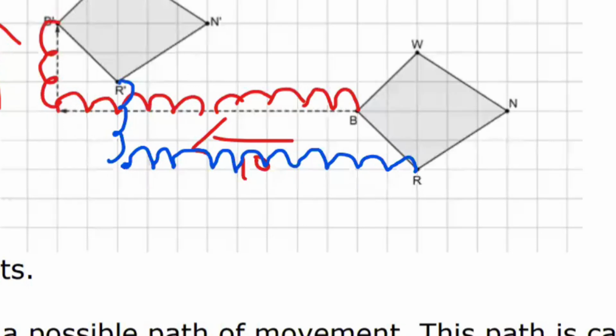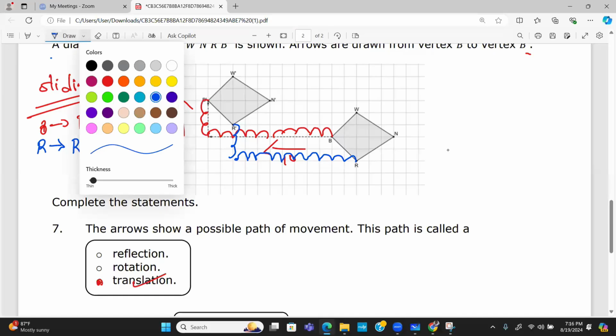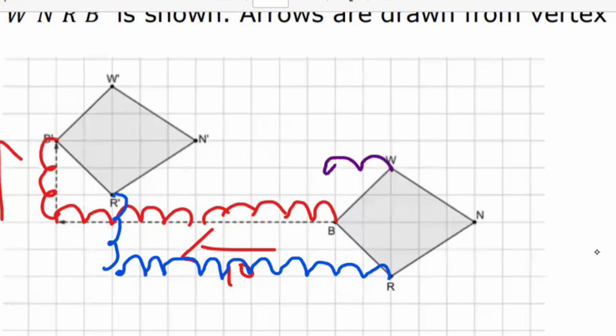So from R to R prime, we're getting the same 10 to the left, 3 up. Let's try W. 1, 2, 3, 4, 5, 6, 7, 8, 9, 10 to the left, then 1, 2, 3 up, and we're at W.